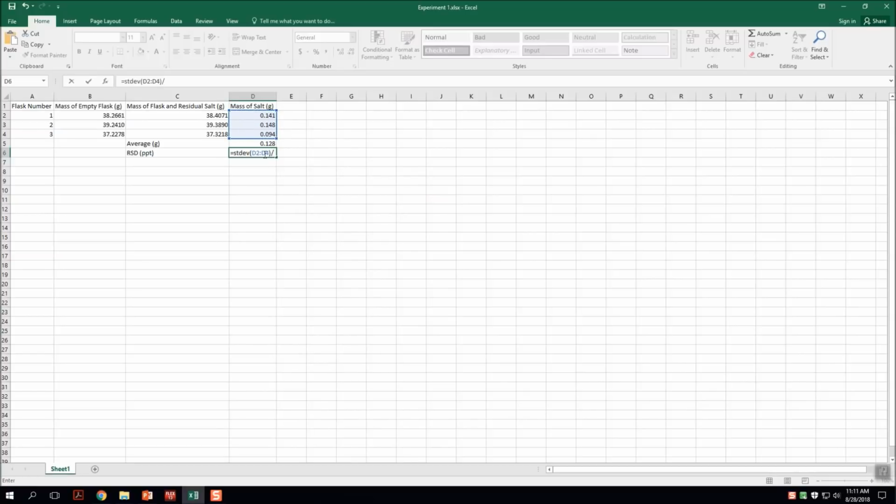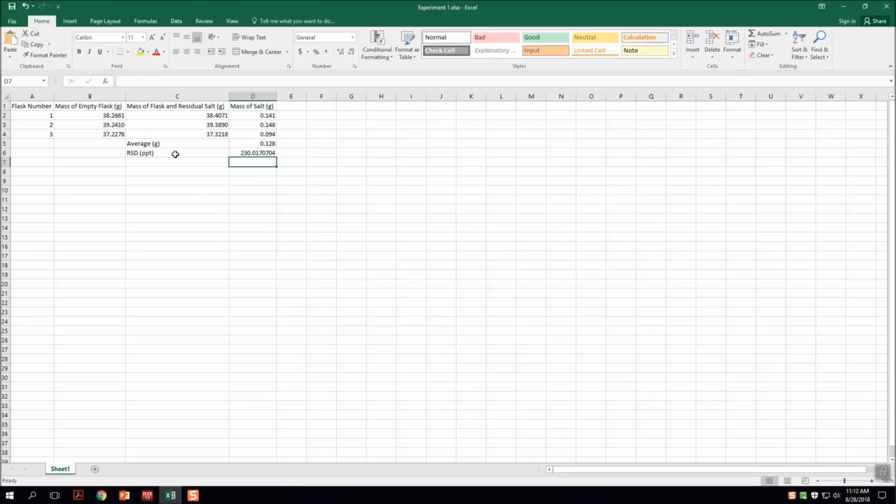Divide by the average, this is the average, times 1,000. That is my RSD. Remember that an RSD of 0 is ideal, right? If there's no deviation in the data, the RSD will be 0 and the precision is excellent. 230 out of 1,000 or 23% is probably better than many of you would get actually experimentally, including myself. I made these numbers up, but it's not the best precision.